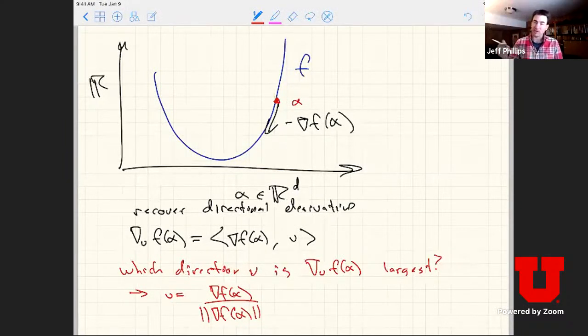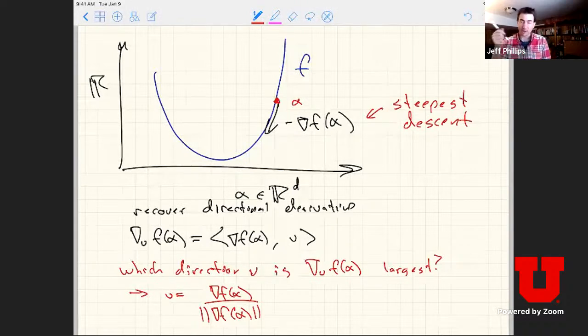Okay, and so if I want the steepest decrease, I go in the negative direction. This is the steepest descent. Okay, so the negative of the derivative at a function value alpha tells us the direction that the function is decreasing the fastest.